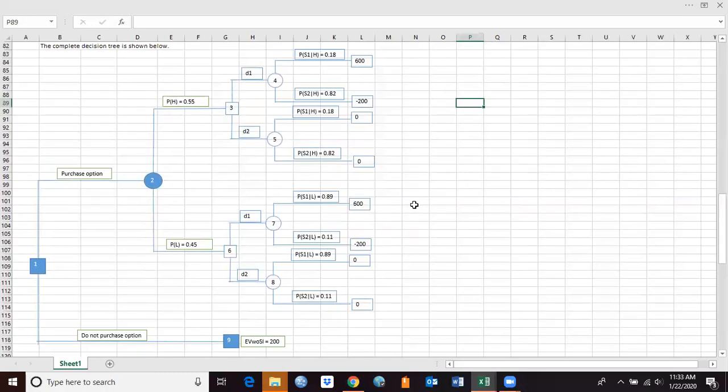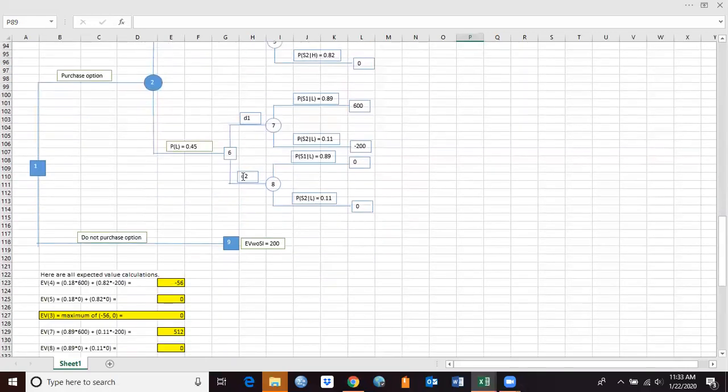Now let's go ahead and calculate the expected value at node 4. This will be given by 0.18 times 600 plus 0.82 times minus 200. I've done the calculation here, so let me do it again. This is the formula I'm using here. Again, I'm going to do the shortcut in the interest of time.